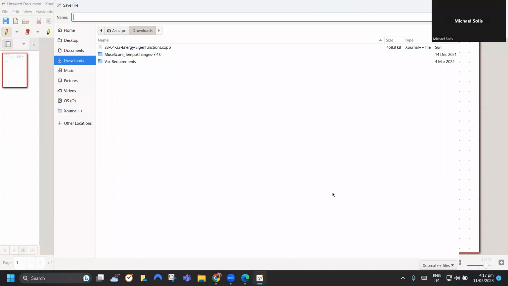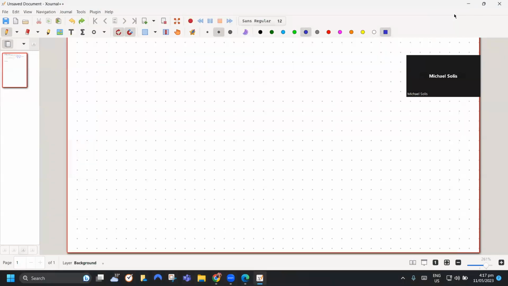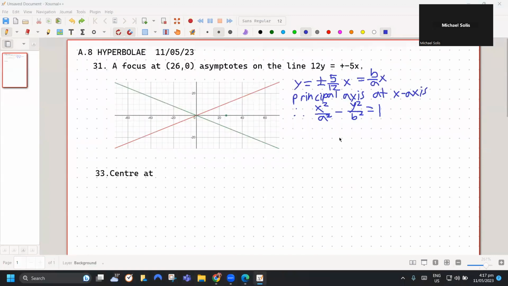Okay, so ano yung relationship between yung focus at saka yung ano? Dapat, so meron tayo A squared plus B squared is equal to the focus squared, di ba? Tama? And then A over B is equal to 12 over 5. Dapat positive numbers naman yan.